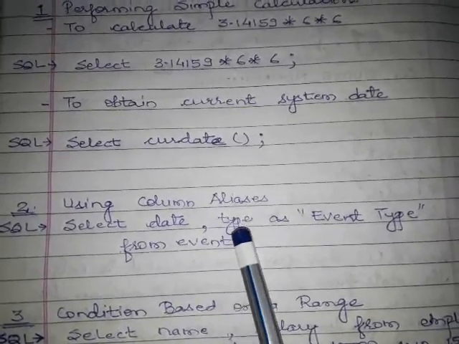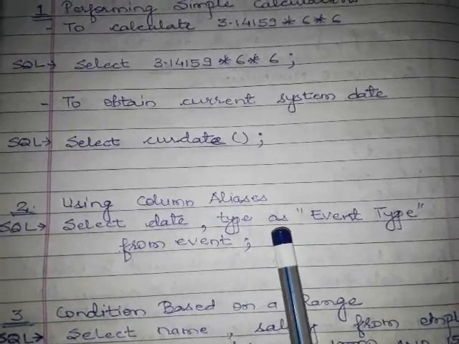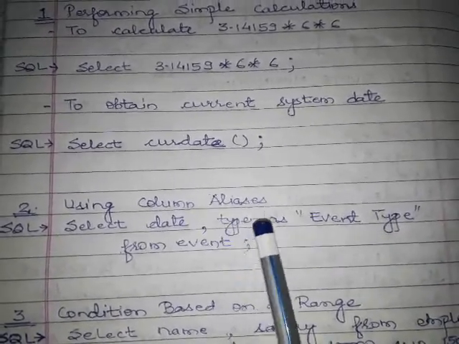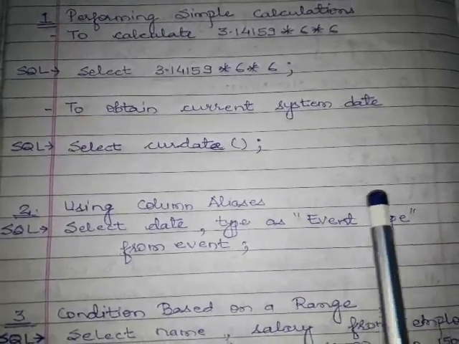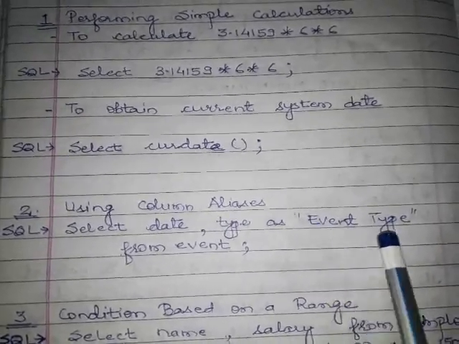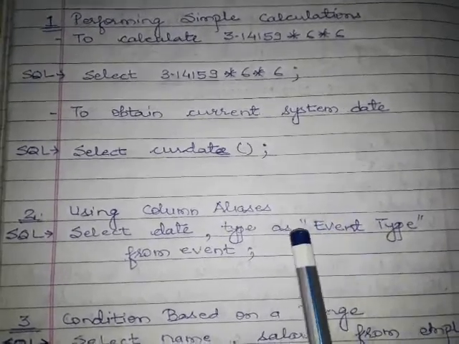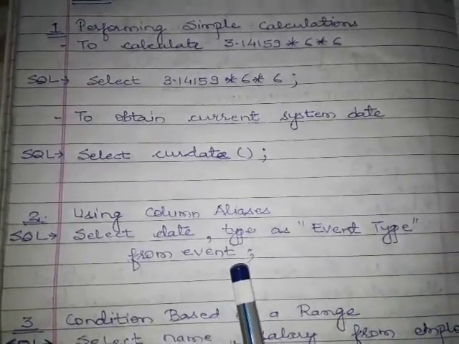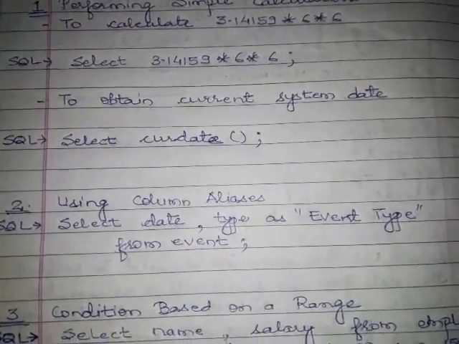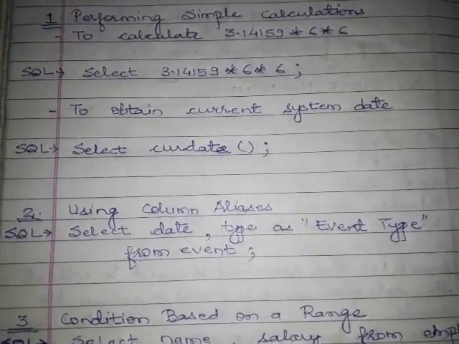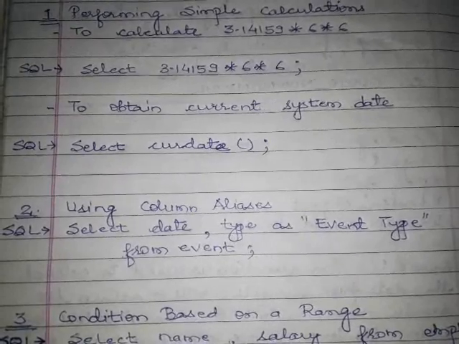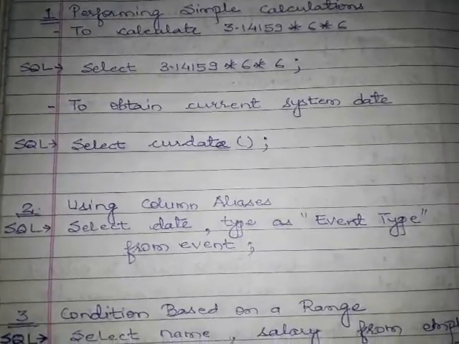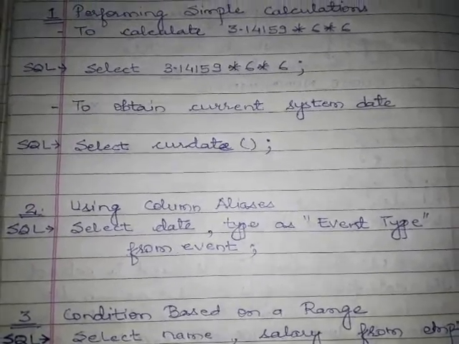To change this column name while displaying, we use AS and then the name of the new column. So this type will not be displayed; the new name is displayed in our output. This is event type. This new name is written in double quotation marks, and then FROM the table name. You can change any column name by using this syntax. This is called a column alias. You can change the name of the column during output according to your convenience.